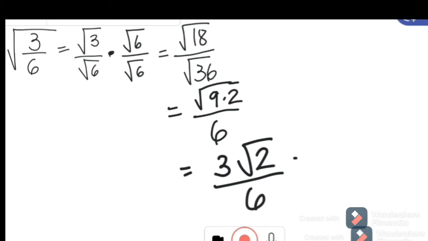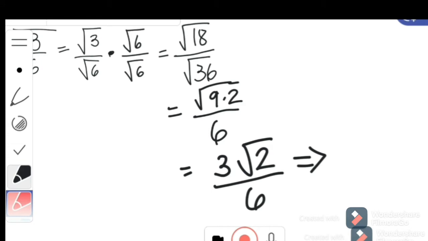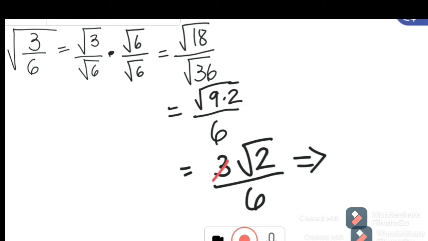Now we simplify the whole numbers outside. So 3/6 is also equal to, if we are going to use cancellation, 3 divided by 3 is 1, and 6 divided by 3 is 2.